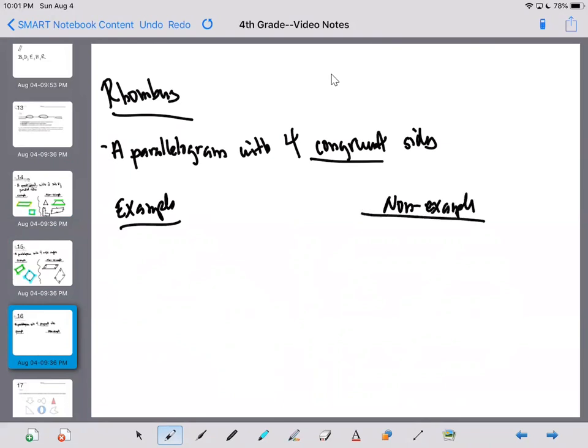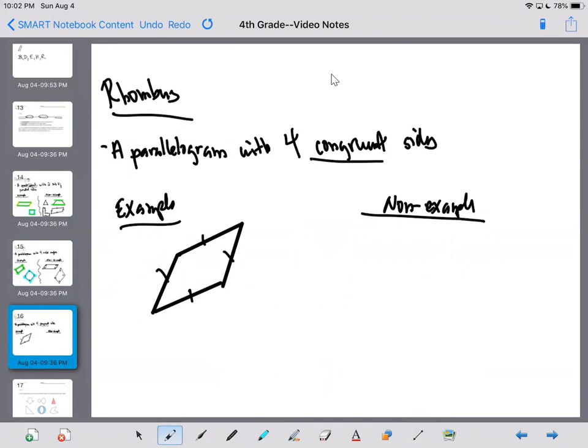So an example of a rhombus could look like this, just as long as all the sides are the same.